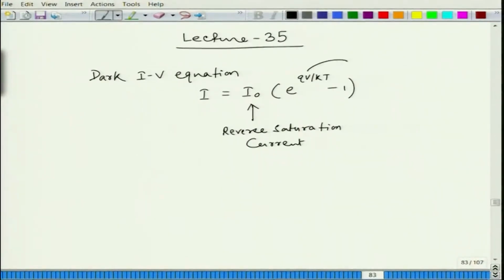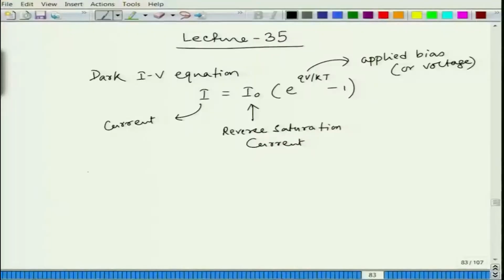This V is the applied bias or voltage, and this is the current. You can see this equation is valid when there is no generation, that means no illumination by light is happening, and that means there is no generation of electron hole pairs.